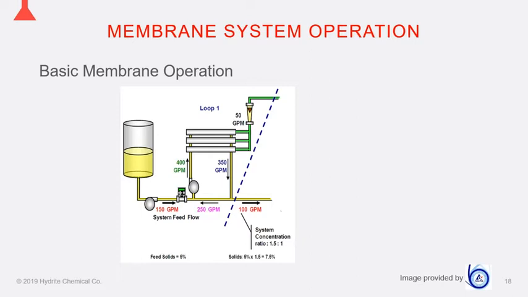Okay, so this is where we come into looking at our pressure differentials and those flows. So from my feed pump, it's supplying me with 150 gallons per minute. It is going to feed into loop 1.